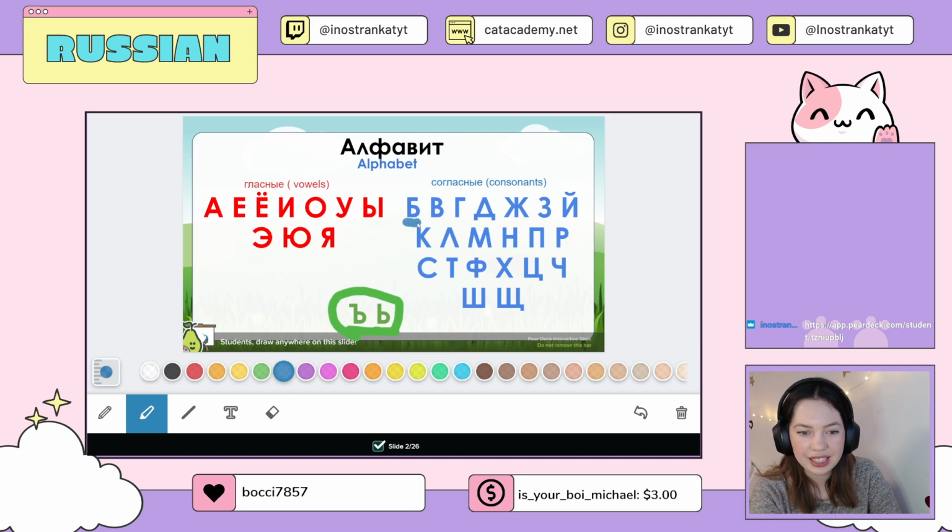The first letter, the first bukva, what sound does it make? It's also a difficult one because it looks different compared to the English alphabet.